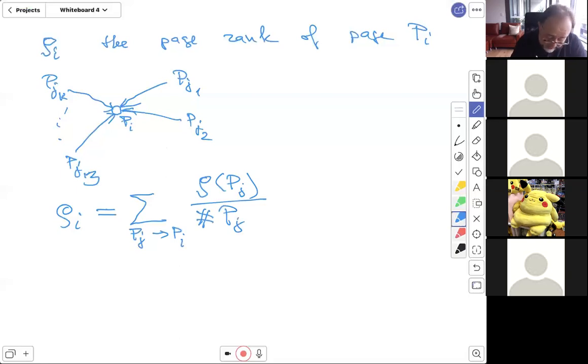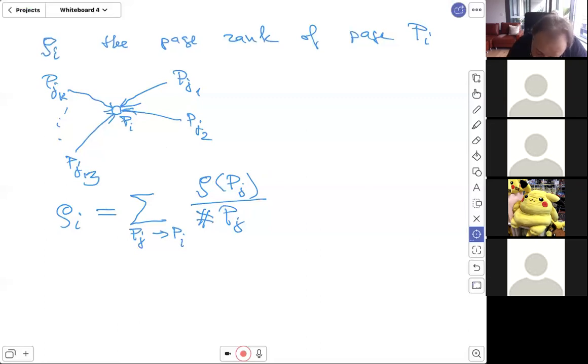Because in this way, rho i will be large if and only if there are quite a few pages with large ranks themselves that do not point to an excessive number of other pages, right?